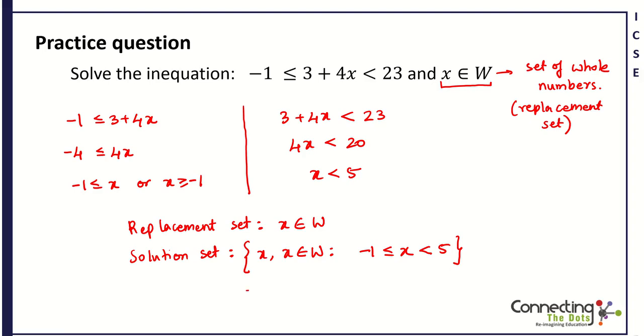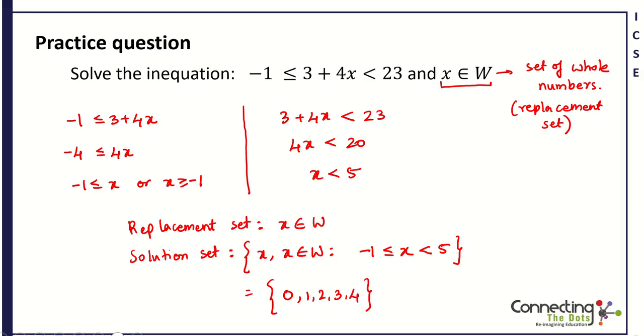By looking at it, you can actually list the elements in the solution set, and what will they be? You can't include negative 1 because remember, we have to make sure that these are whole numbers. Whole numbers start with 0 and we can go up to 4. 5 cannot be included because it should be less than 5.